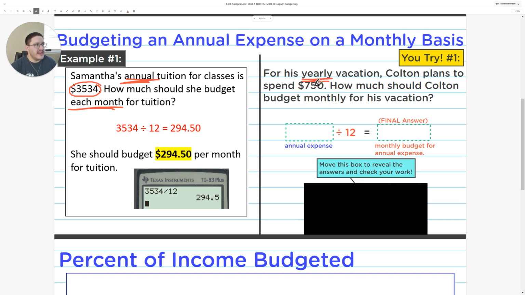So for his yearly vacation, he spends $750. So his annual expense is $750. How much should Colton budget monthly? So we need to take this annual expense divided by 12 to figure out how much he needs to save per month in order to afford that annual expense once the time comes.